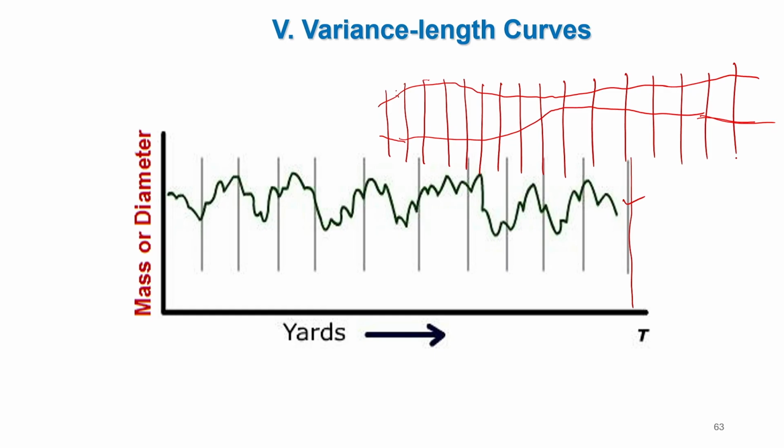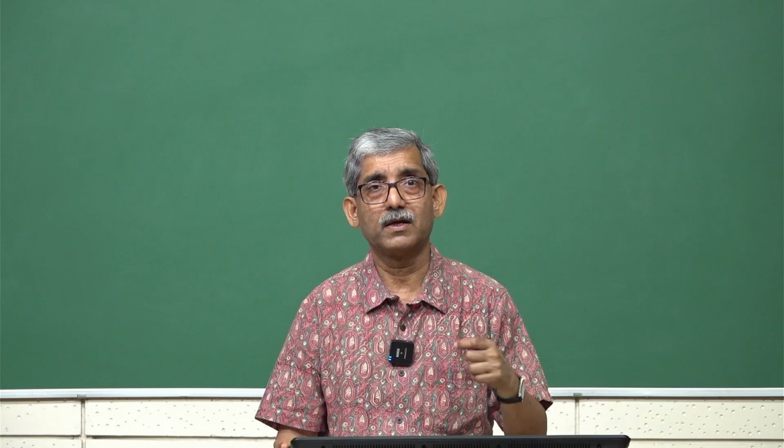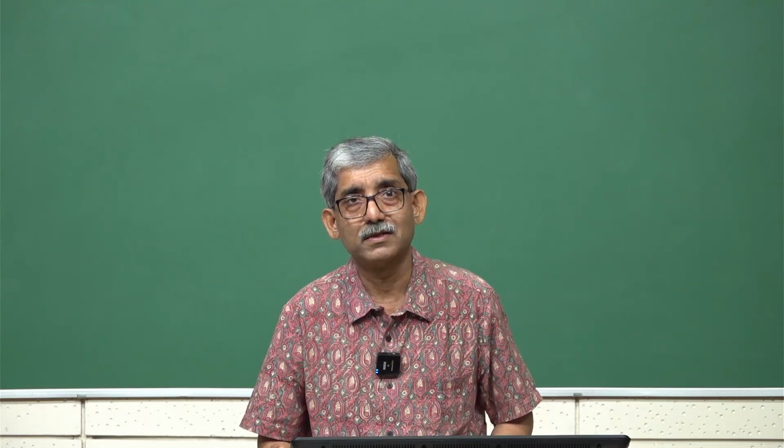At the different cut lengths, we are taking the mass: M1, M2, M3, M4. And then what we do? We take the CV percent, and the square of CV gives us the variance.